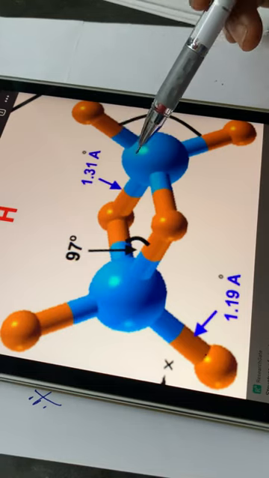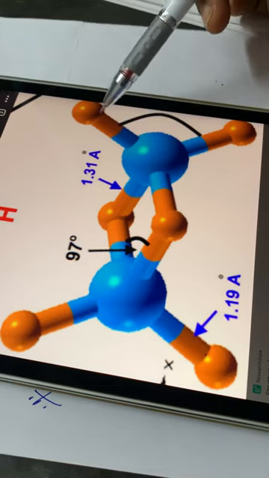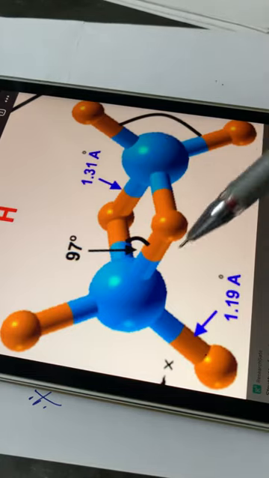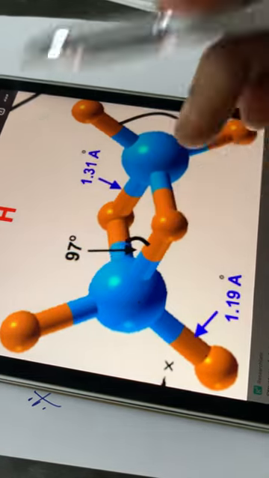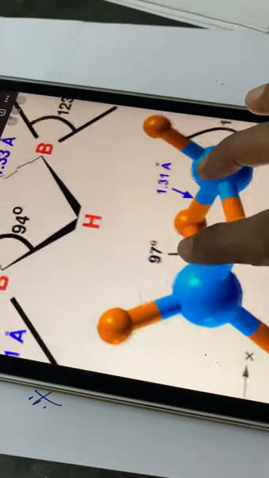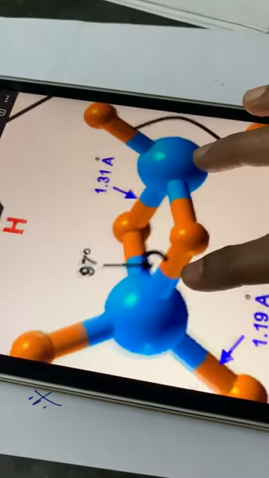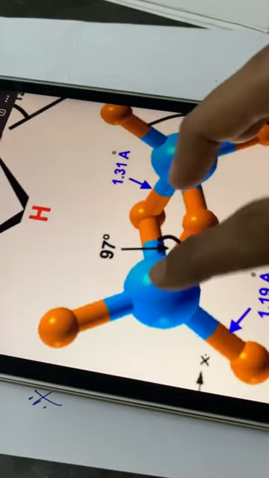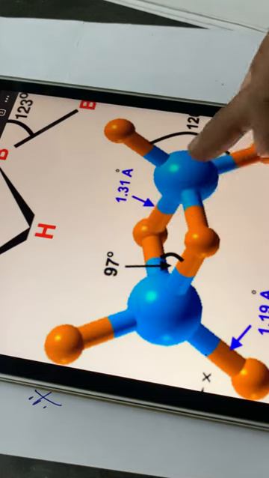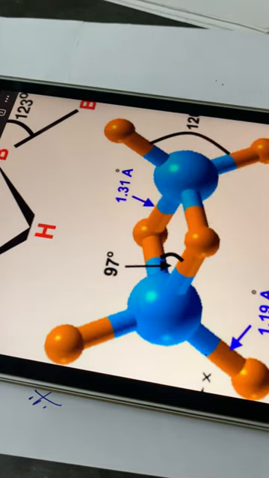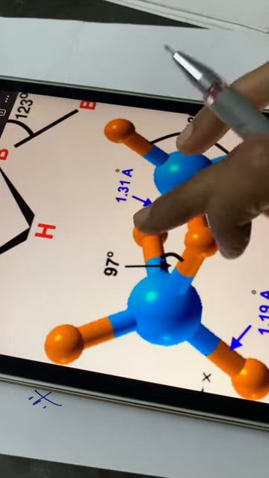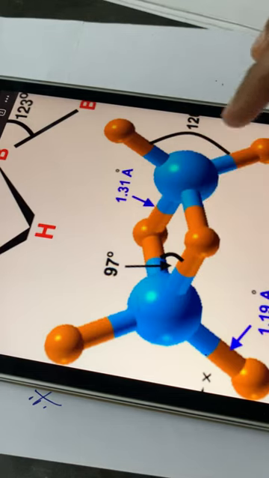Then there are the BH bonds: one, one more, and another one more. So this is a 3-dimensional structure, with 2 BHB bonds and 4 BH bonds.